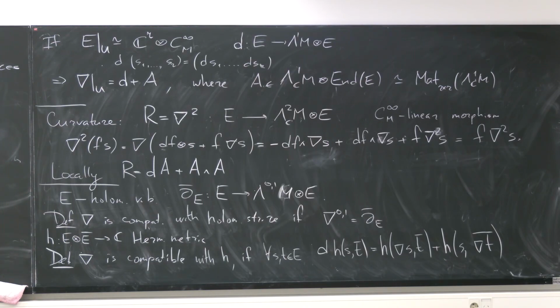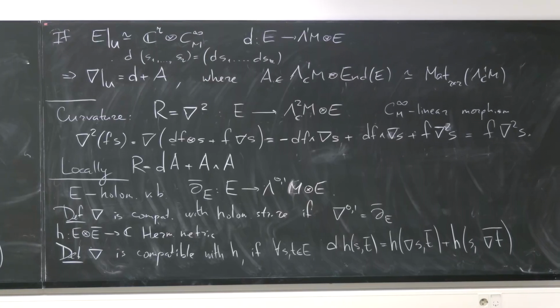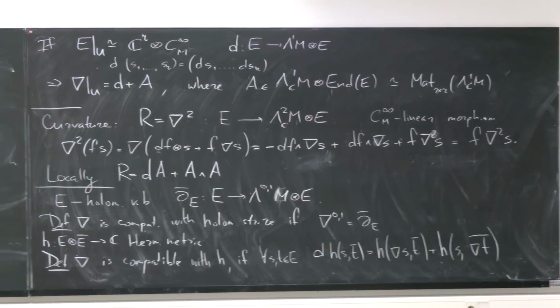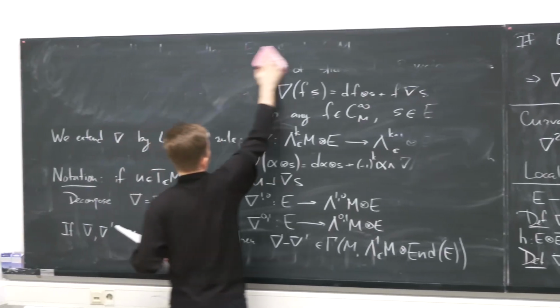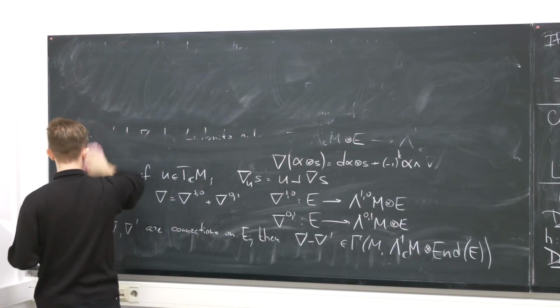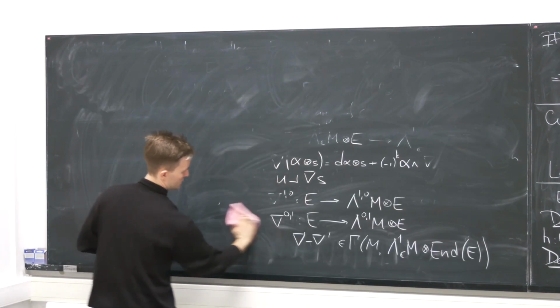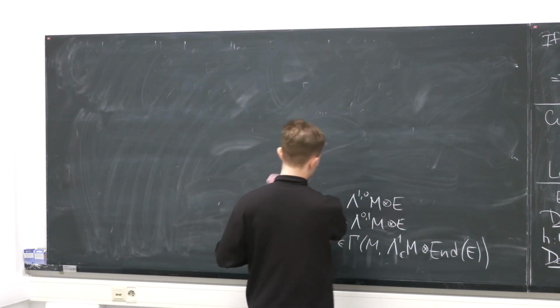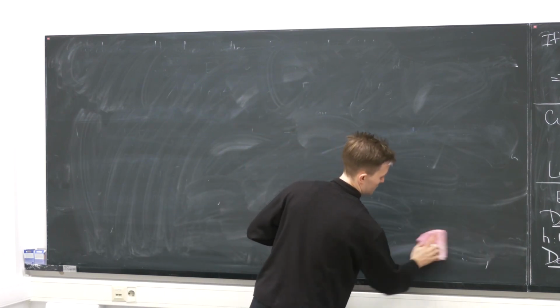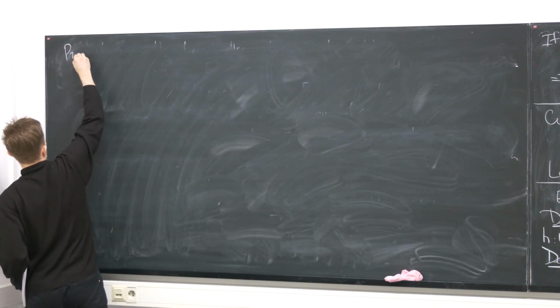And the claim is that for any Hermitian vector bundle, there is always a unique connection which is compatible with the complex structure and the Hermitian metric. So that's a proposition.